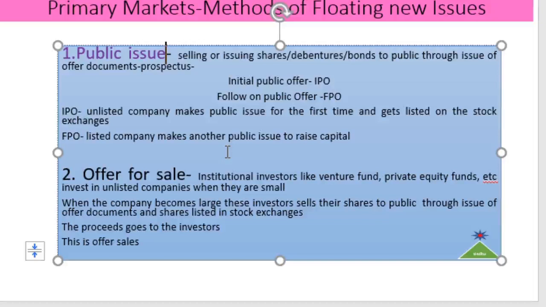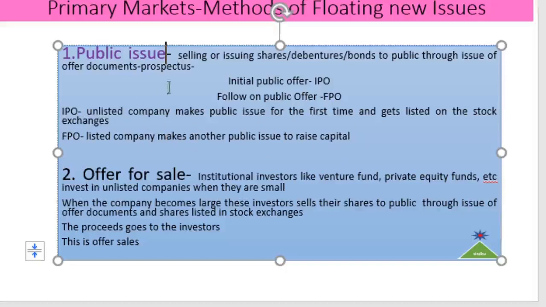Second one is FPO or follow on public offer. When a listed company makes another public issue to raise capital, it is called follow on public offer. Initial public offer is when the unlisted company makes its first issue. Follow on public offer is by the listed company when it makes another public issue.